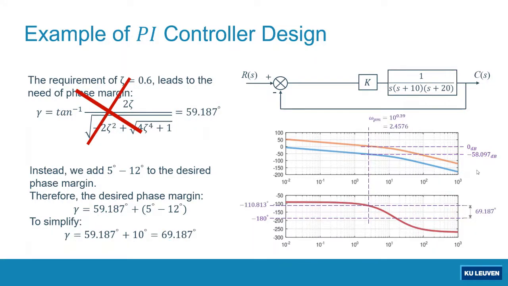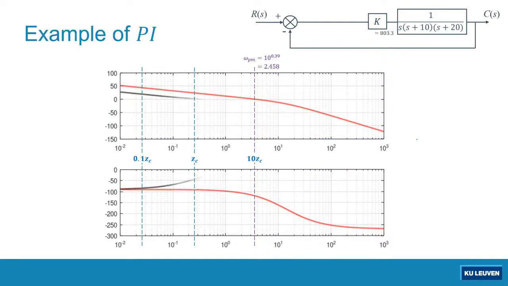This 69.187 degrees phase margin will occur when my phase margin frequency is equal to 2.4576 radian per second. Okay, so this is how I start. From there, I can define what the gain of my PI controller is, and similarly, I can also define the ZC of my PI controller accordingly.